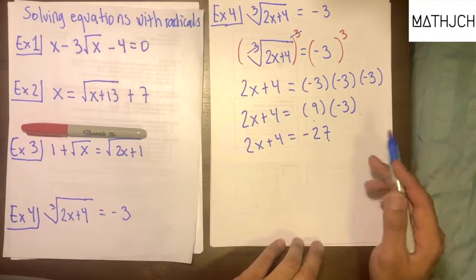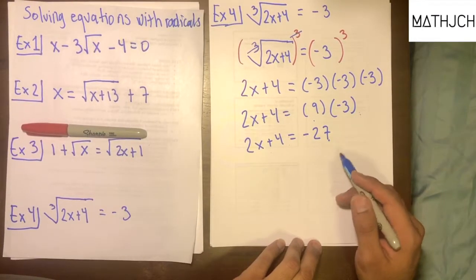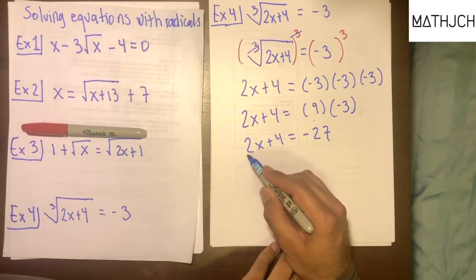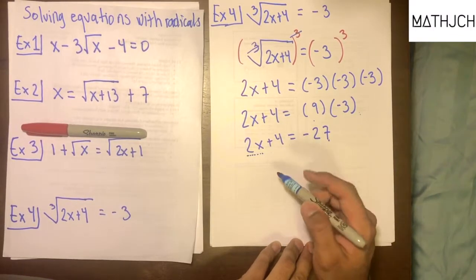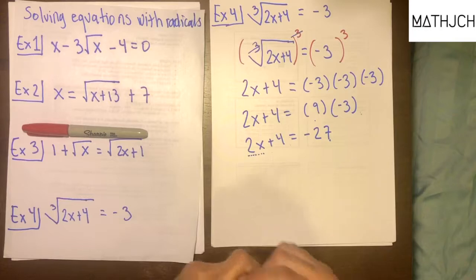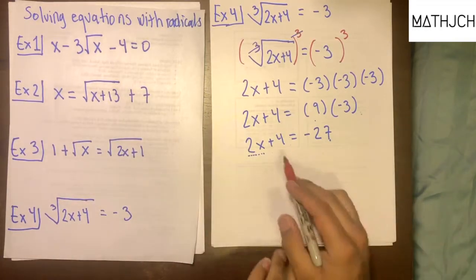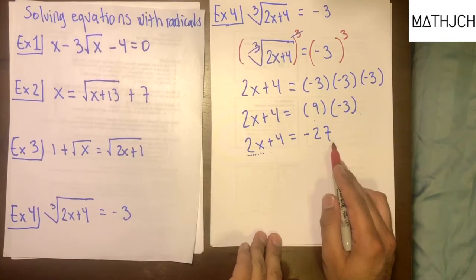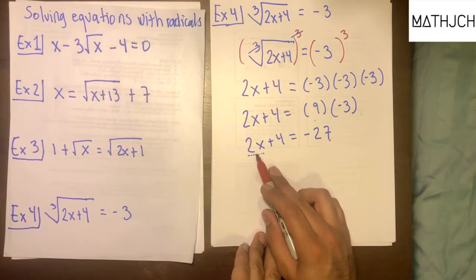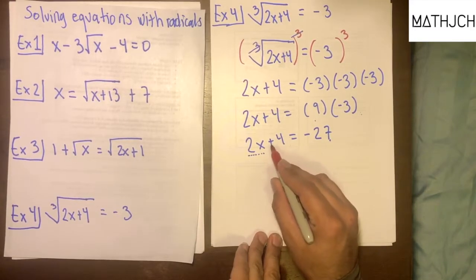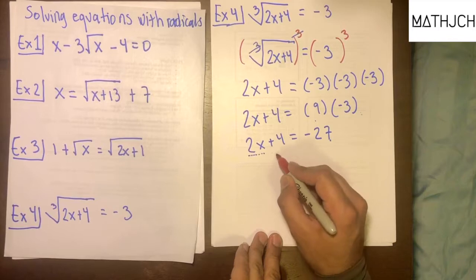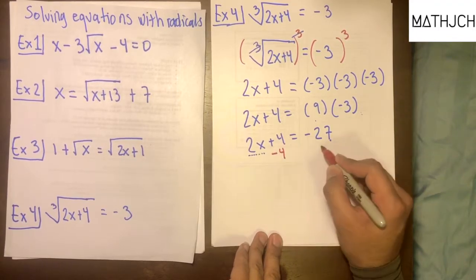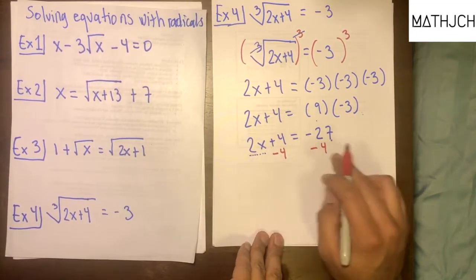Now, all we have to do is solve for x. So that means that we're going to have to leave that term with x by itself. So our next step is to move this 4 to the other side in order to leave that term with x by itself. So notice that it's adding. So we always do the opposite when we're trying to move something from one side to the other side.